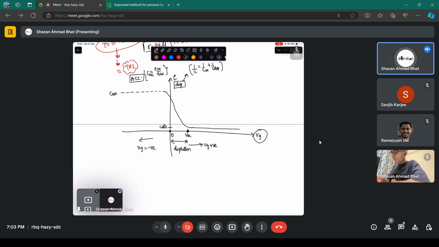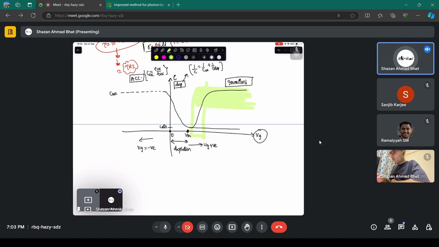And if you have low frequency, it will go back to the original line, so that will again reach the original capacitance value. And this is beyond threshold voltage. Now you have this particular region as inversion.